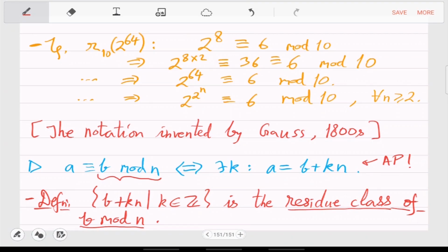And how many residue classes are there? There are n residue classes, right? So you can change B from 0 to n minus 1. These are the n residue classes whose union is everything. Since, I mean, it was bound to happen because we have an equivalence relation. So equivalence relation will partition Z into classes, so it's that class.